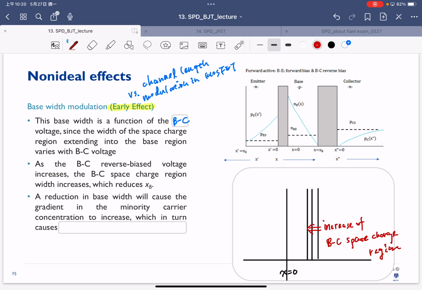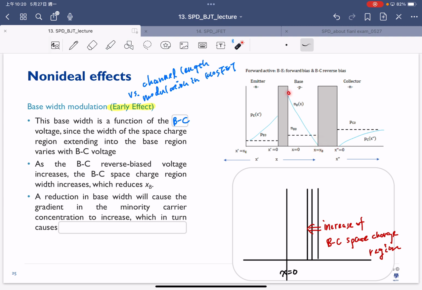And therefore, as we have already mentioned, in the forward active mode we have the excess electron concentration at this region, and because this is reverse biased, it needs to be 0 at this region.